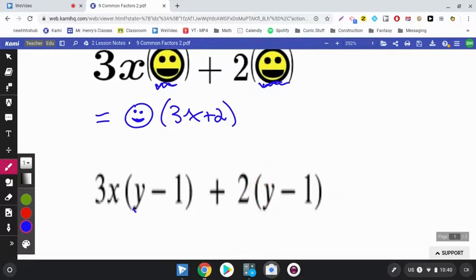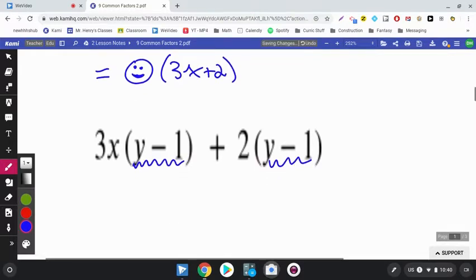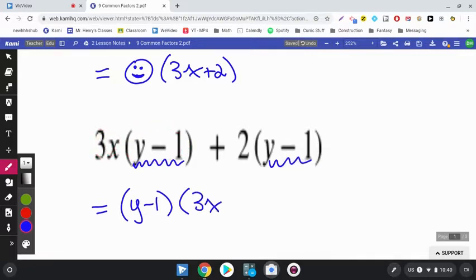So just like my smiley face was the common factor, that y minus 1 could be my common factor, times, well, what did I have left? I removed the y minus 1, and I have 3x left. And then I factored out the y minus 1 from the second term, and I just have plus 2 left. And that is my factored version.